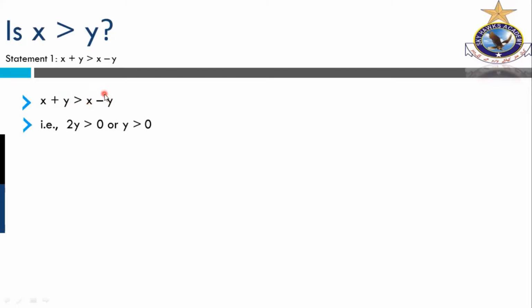If y is negative, this will become the sum. So from the statement, we can deduce that y is positive. One thing is crystal clear: this y must be positive.